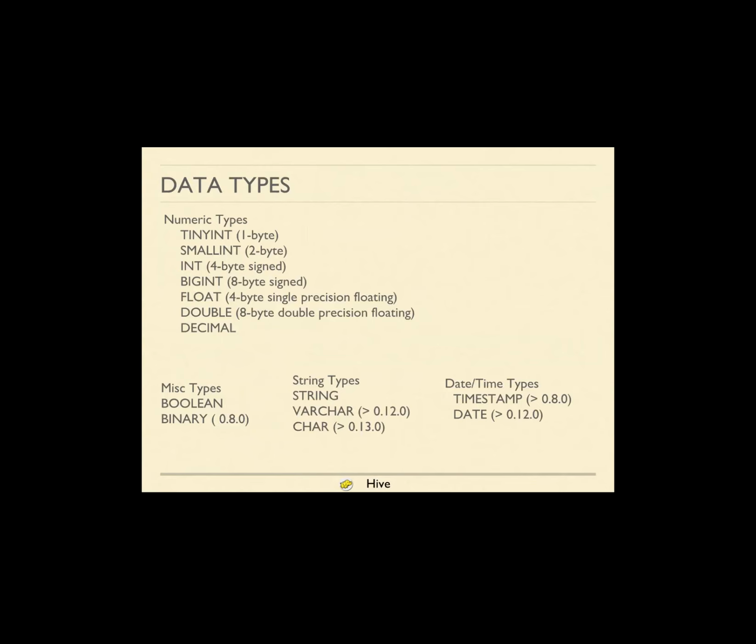So with respect to data types, the important thing to remember is that Hive tries to be compatible with your existing queries. Therefore, you will find duplicate data types. For example, there is binary and there is Boolean. And for string, you have string, varchar, and character.